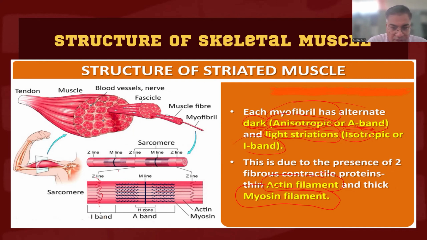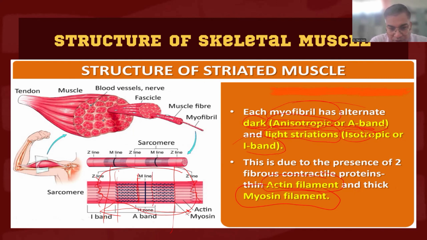This one is the Z line. The structure present between two Z lines is called a sarcomere. In one sarcomere, we have one dark band, and on either side, we have half light bands. In one dark band, we have a specific zone.